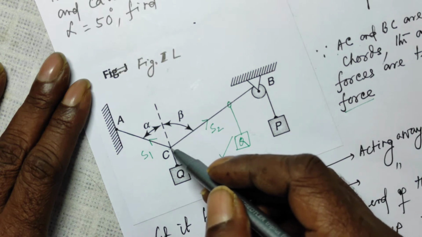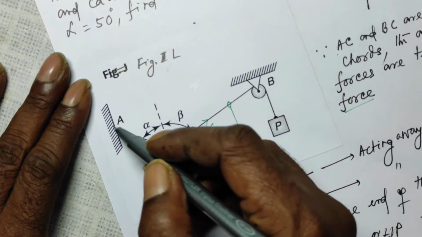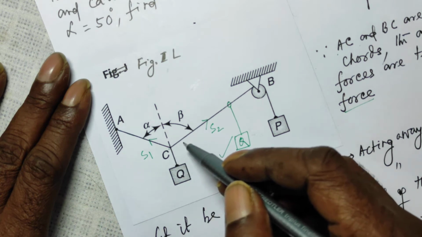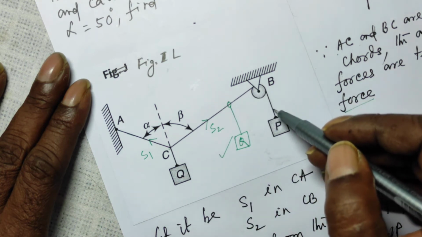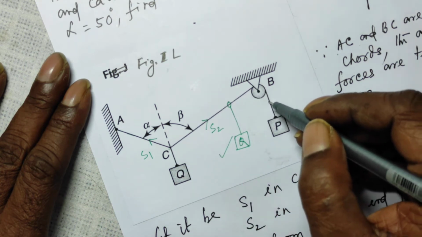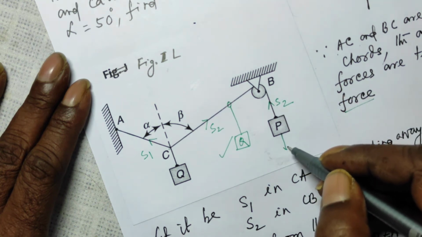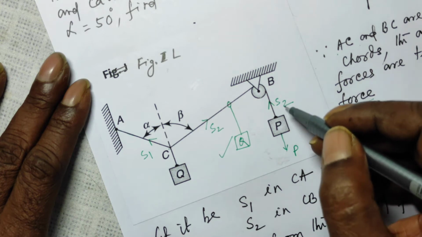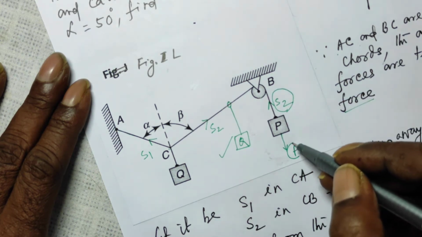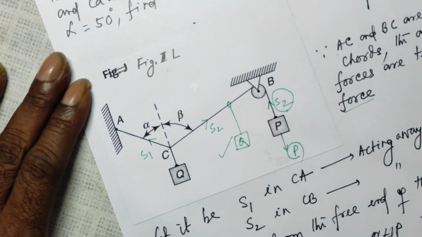For the point C, S1 is acting to this side, from the point C, and S2 is acting to this side. It is the same cord, so this will also be your S2, and this is your weight, the load P. So P is equal to S2.